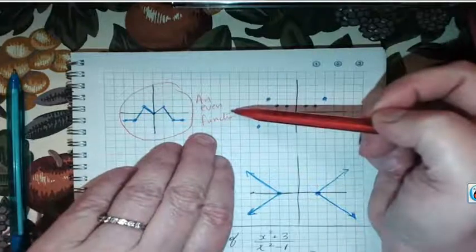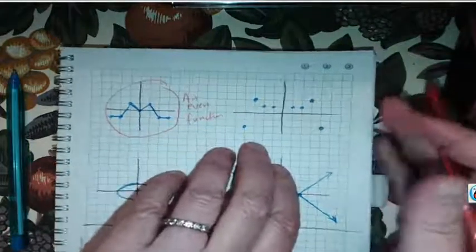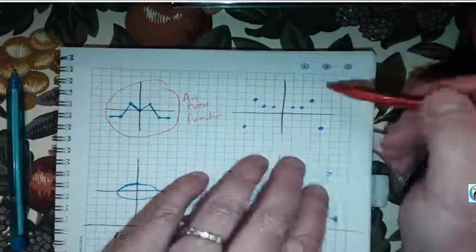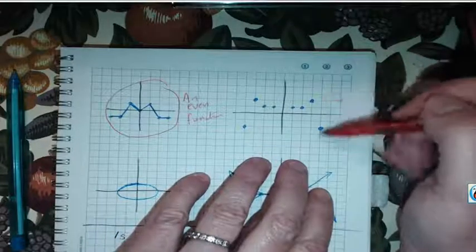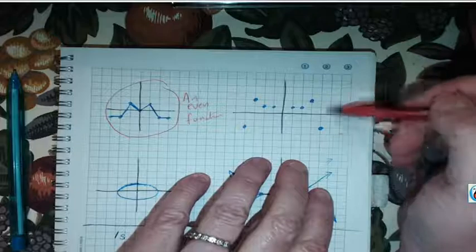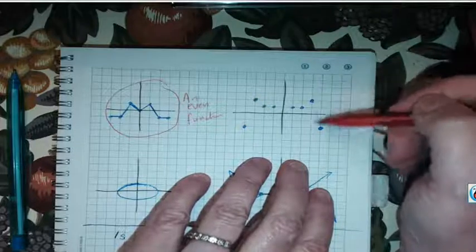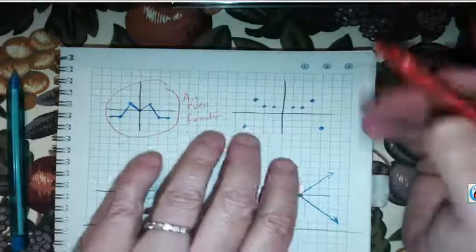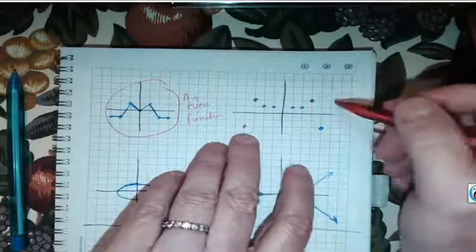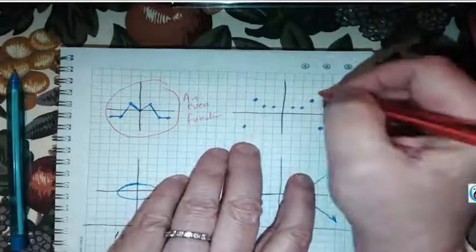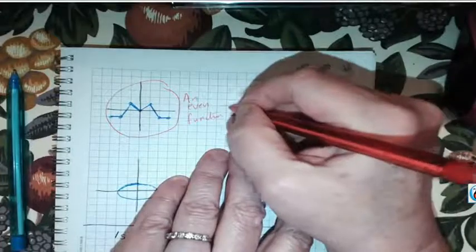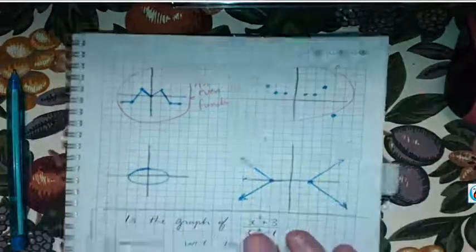So this is an even function. This is an even function. It's a function, okay? It passes the vertical line test. Nothing, nothing, once, nothing, once. So this is a function. It's symmetric with respect to the y-axis, and so this is also an even function. So both of these are even functions.